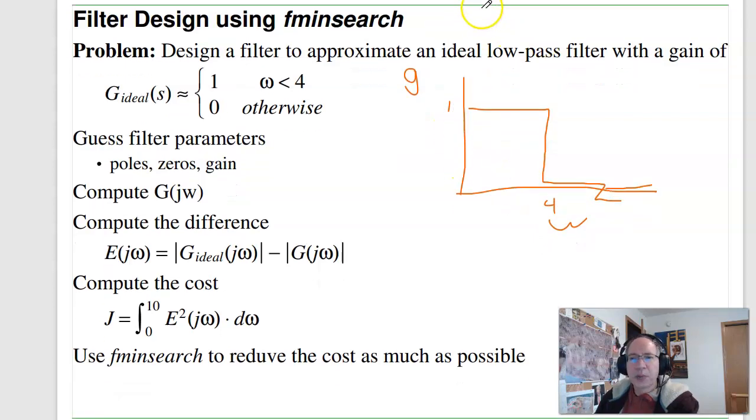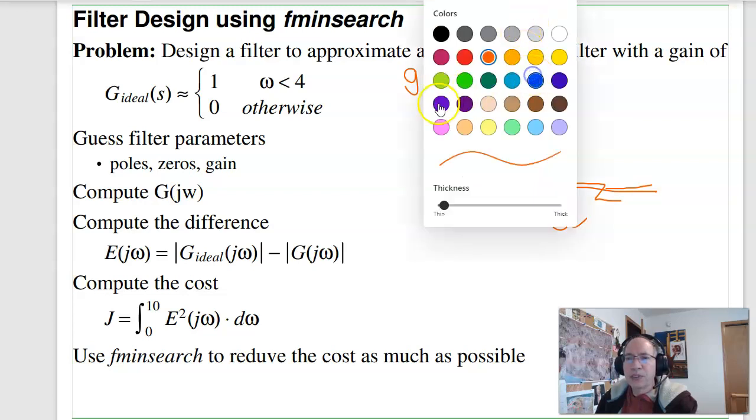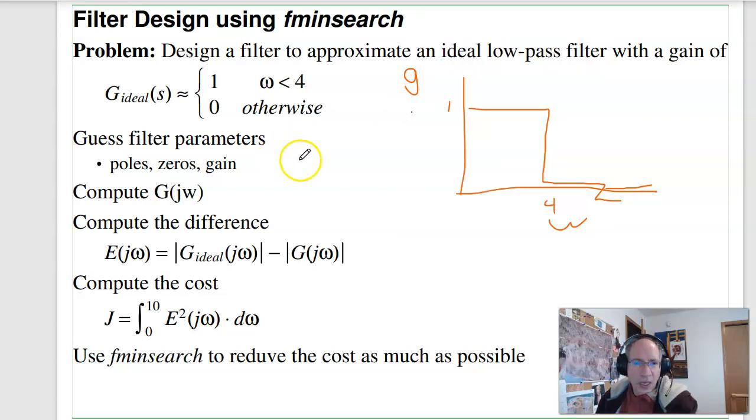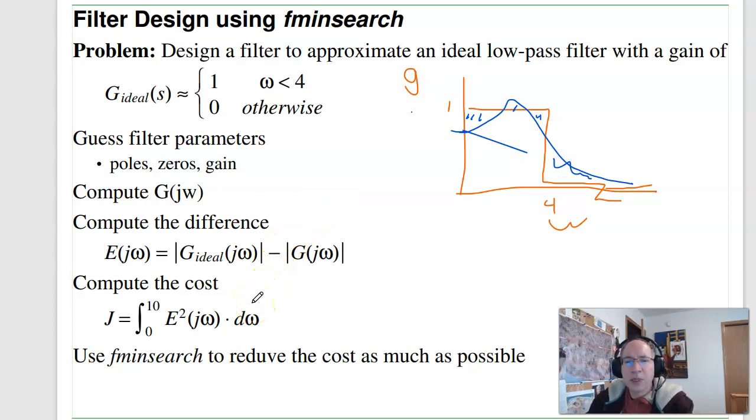That's what I want. I then specify the form of the filter. The filter is going to have a bunch of poles and zeros. So, given the poles and zeros, it's going to have some gain versus frequency. Take the difference in the two, square it, and call the sum squared error my cost. Find the filter that minimizes the sum squared error.